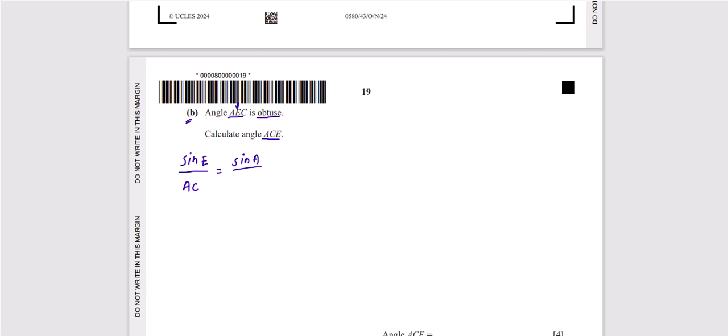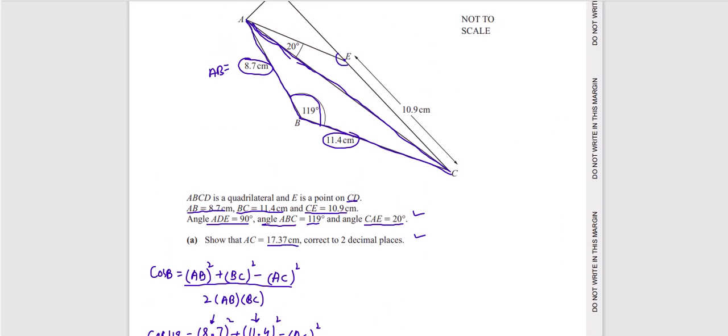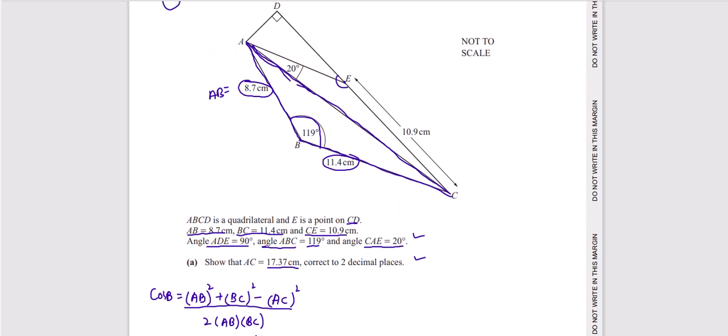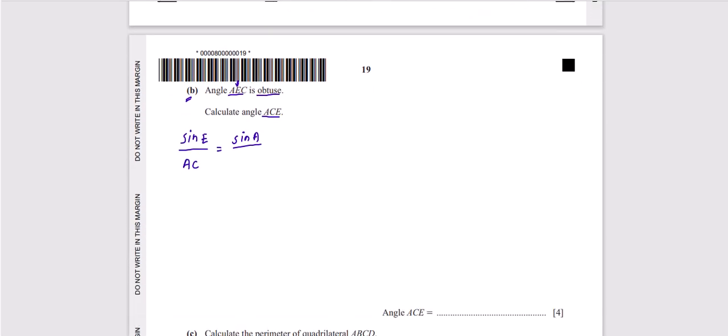Divide with the front side. The front side of angle A is EC.